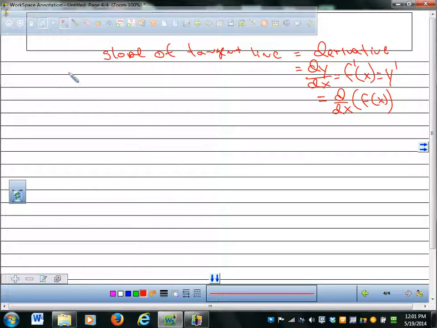Sometimes they want you to find the equation of the tangent line. Find the equation of the derivative, not the tangent line. They're 2 different things. The equation of the derivative of f of x equals x squared plus x minus 2.